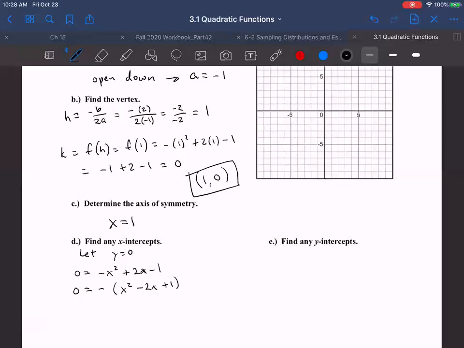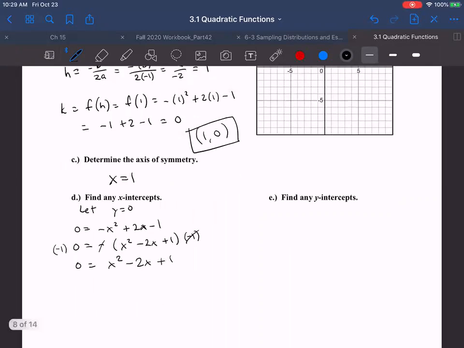And when you do that, we see that we're back to the same thing that we had before. We can multiply both sides by negative 1, so times negative 1 times negative 1 to cancel out. That'll cancel out that negative. And the 0 times negative 1 is just 0. So we end up with 0 equals x squared minus 2x plus 1, which is what we had in the previous one, where we found that x minus 1 times x minus 1 was how we'd factor this.